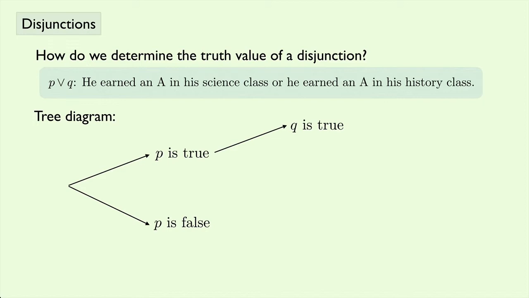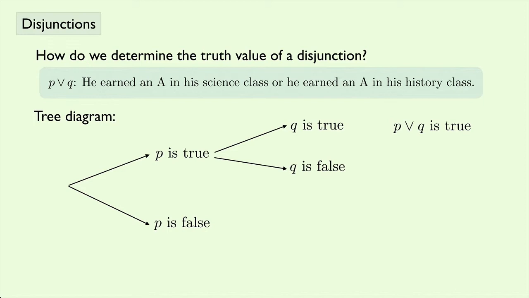He earned an A in his science class and he earned an A in his history class. I should be careful not to use the word and incorrectly here, but we're going to assume that both of these individual sentences are true. So would you say that he earned an A in his science class or he earned an A in his history class overall is true? I would say, yeah, that makes sense. That would be true.